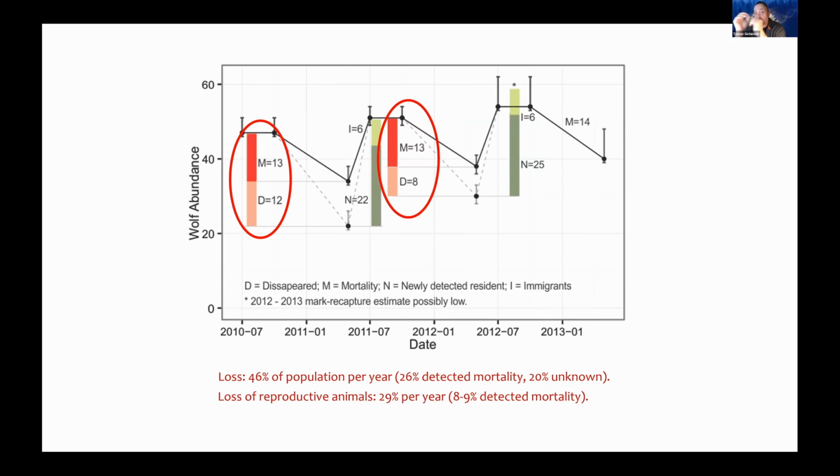Some of the disappearances, of course, can be explained through dispersion. This is normal. Wolves leave their natal area when they grow up. But we also detected disappearances of reproductive animals. In this case, this must be mortality. Some of this is, of course, natural mortality, but also poaching is something that's not negligible in this case.